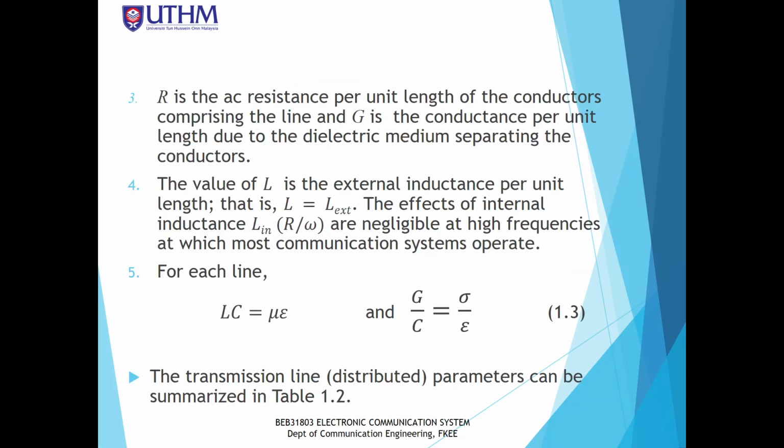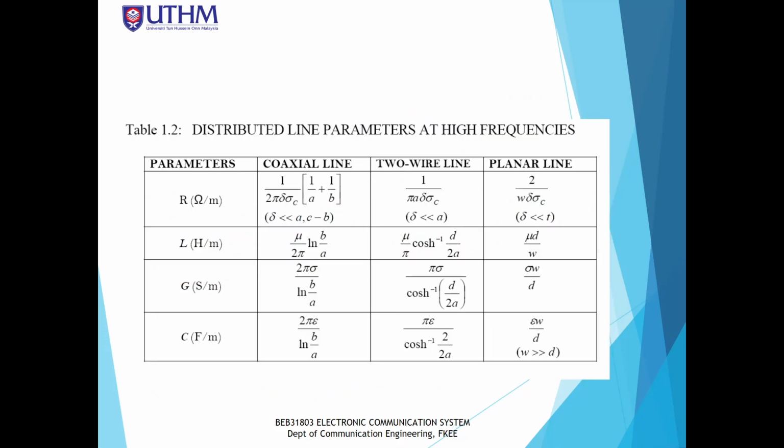R is the resistance, L is the inductance, C is the capacitance. The way we calculate the values of R, L, G, and C can be different for different types of wires. So you don't need to memorize this, tak perlu hafal. This is just to show you that R, L, G, and C can be calculated based on the dimensions of the cable itself.